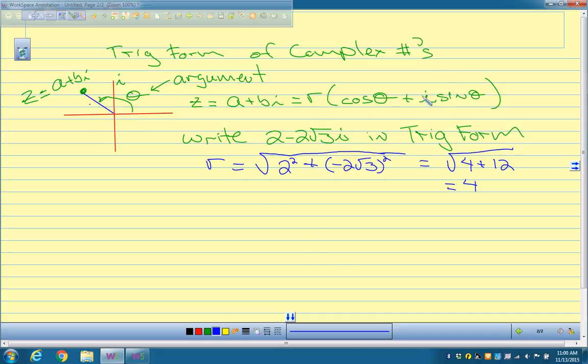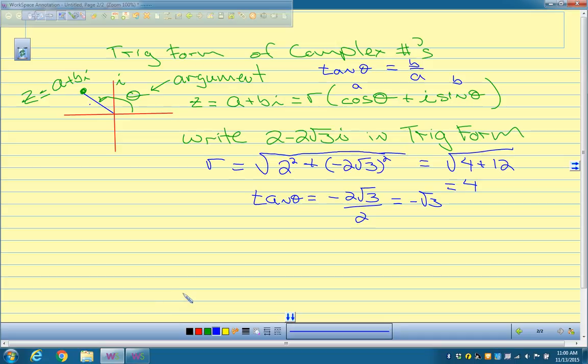Then you have to figure out what theta is, okay? Tangent of theta is equal to b over a. We call this part b, and this part a. So tangent of theta in this case is equal to negative 2 root 3 divided by 2, which is equal to negative root 3.